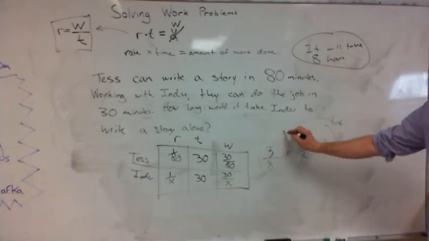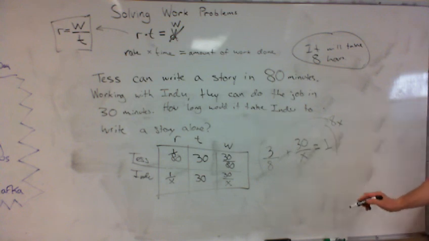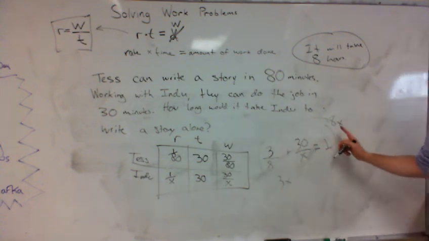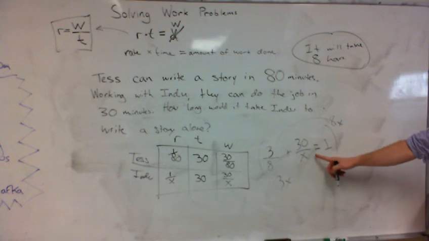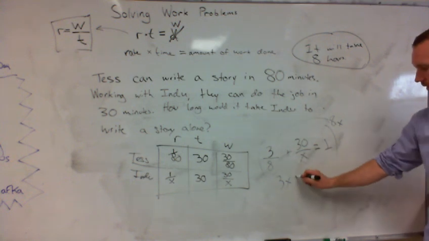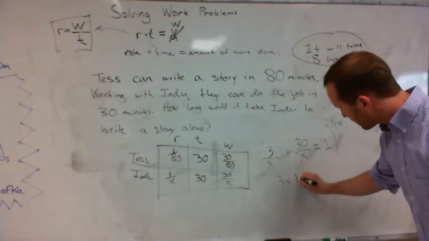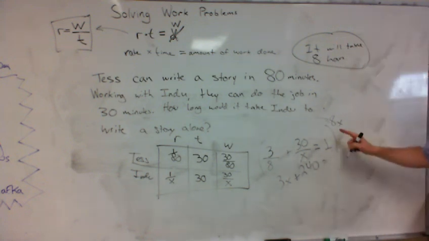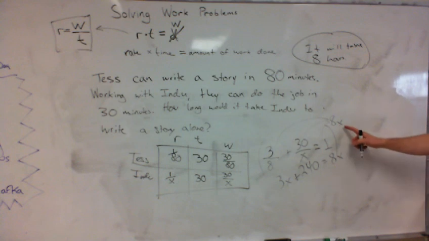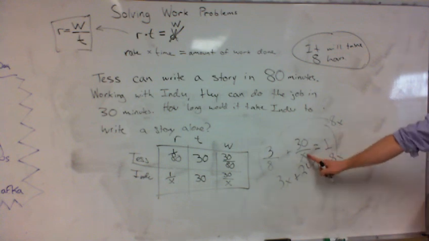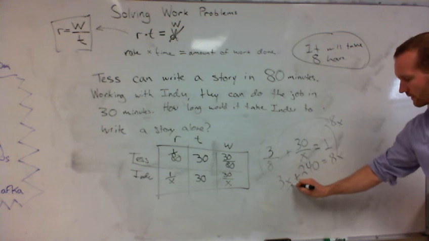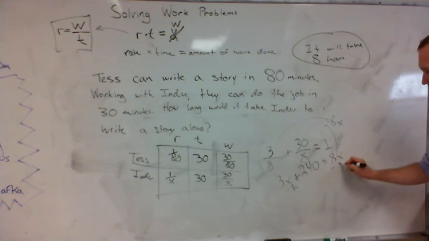Multiply this through. 8x times 3/8 is 3x. 8x times 30 over x is 240. 8x times 1 is 8x. So the x actually canceled out of this term. So just subtract the 3x, right? Yeah, let's subtract 3x from both sides.